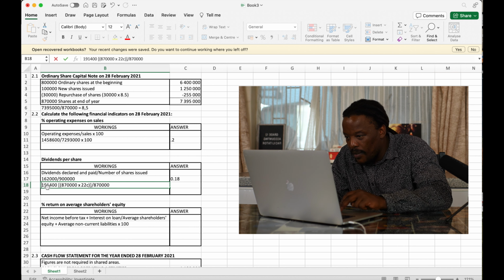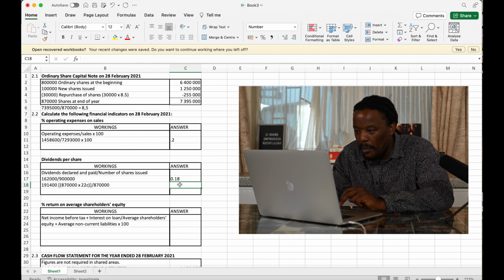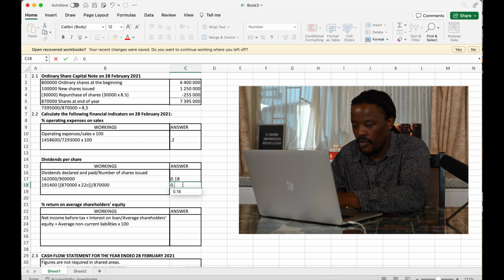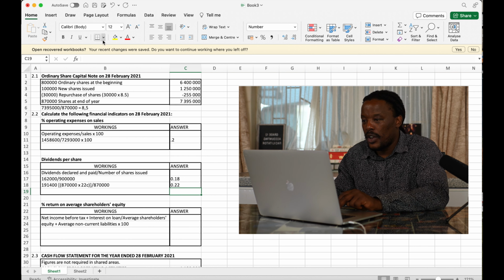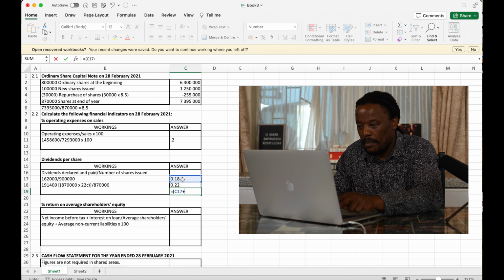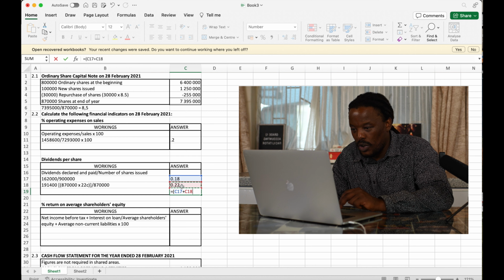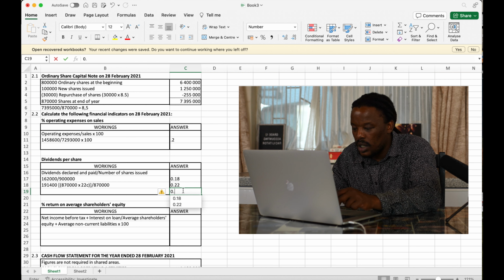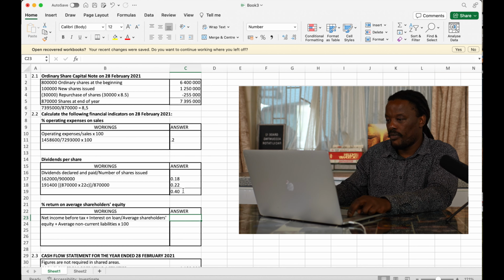You can use your calculator and common sense to calculate this amount: 191,400 divided by 870,000. You see, because the repurchase reduced this amount, it is not 22. When you add them together, 0.22 plus 0.18, I can see that it is 0.40, without any further waste of time.